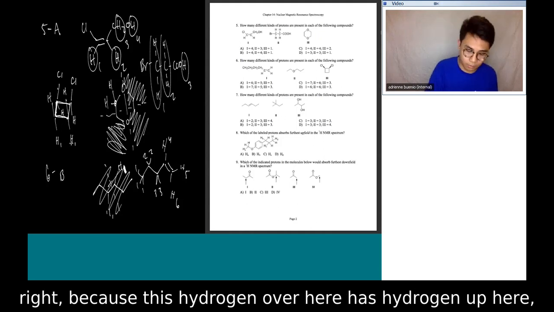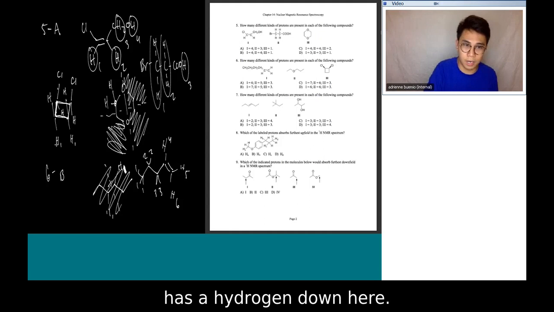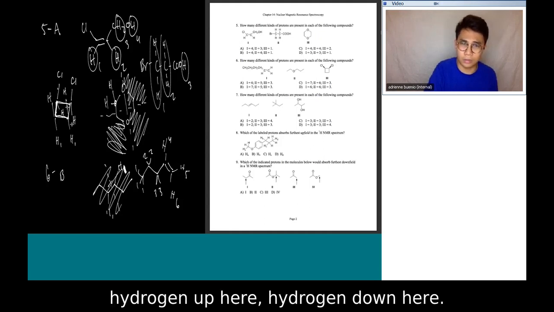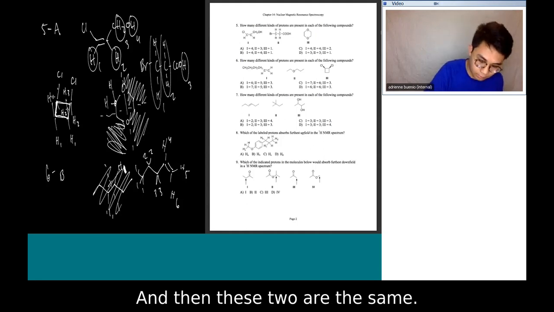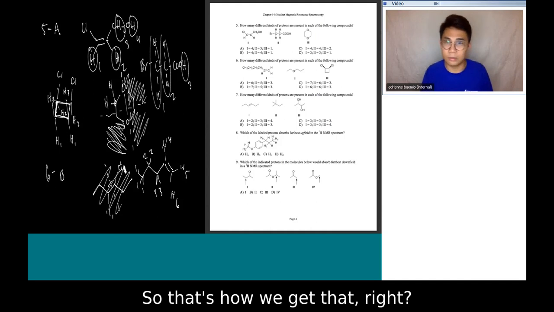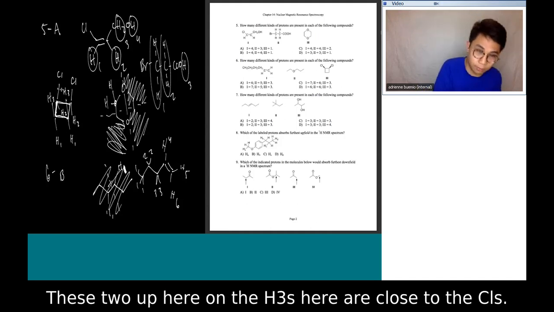This hydrogen over here has a hydrogen up here and a hydrogen down here. This one is the same thing, hydrogen up here, hydrogen down here. Now these two are the same as well, and then these two are the same. So that's how we get that. These two up here on the H3s are close to the Cls.